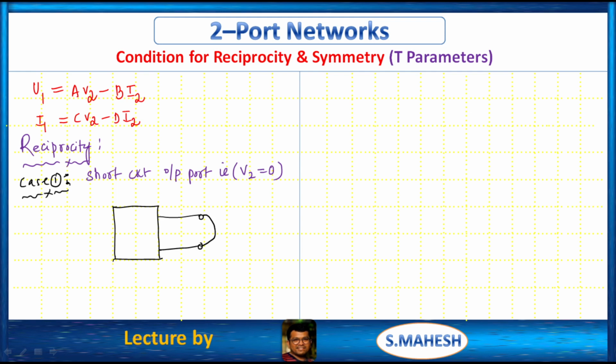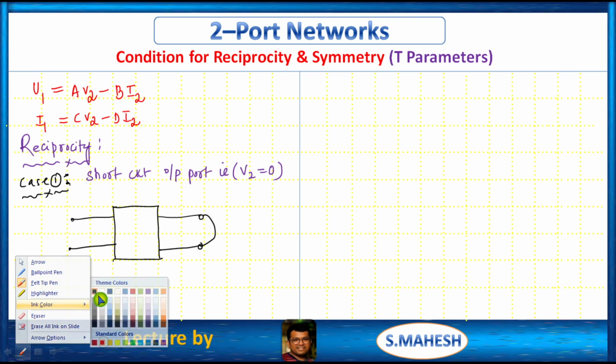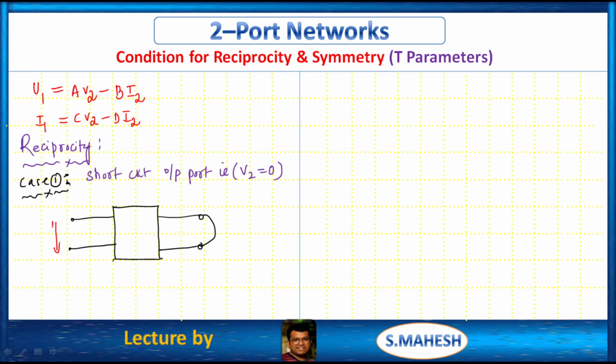Output port is short circuited, and we have the supply voltage for the input port, V1, and with respect to V1 we have I1. Then the actual current direction in the output port is like this, but we will consider minus I2 here, V2 equals 0.